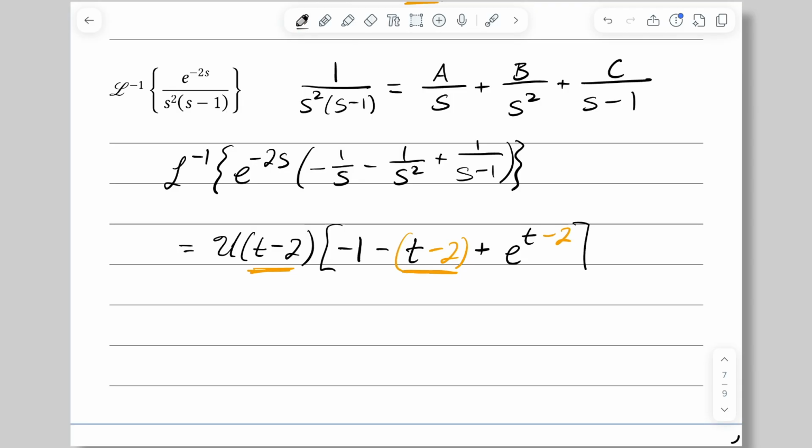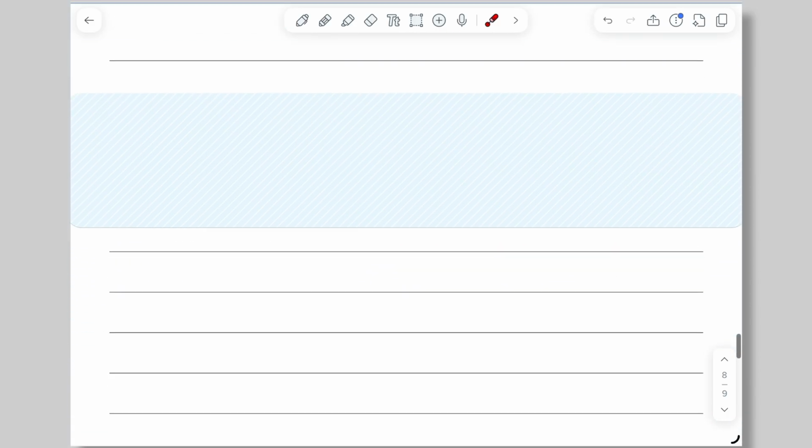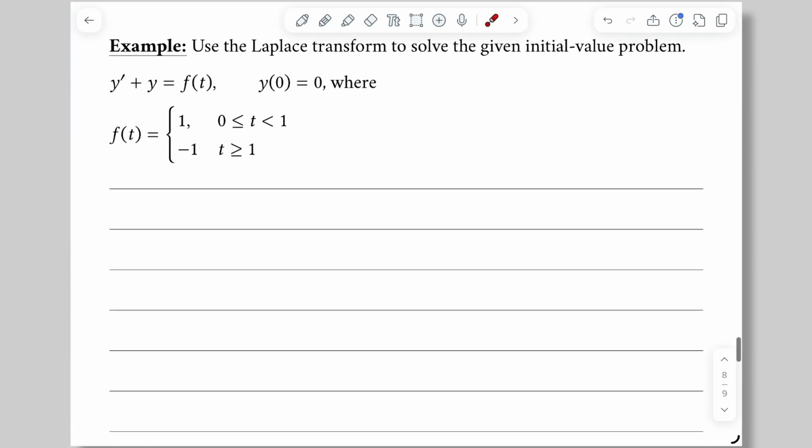If we had a second term here, like, I don't know, plus 1 over s cubed or something like that, that would transform to 1/2 t squared. We would not put the t minus 2 in there if it wasn't being multiplied by the e to the negative 2s. Since that isn't what we had, I'm going to erase all that and leave it at that. This set of videos would really be incomplete without seeing the actual value of the unit step function in context.